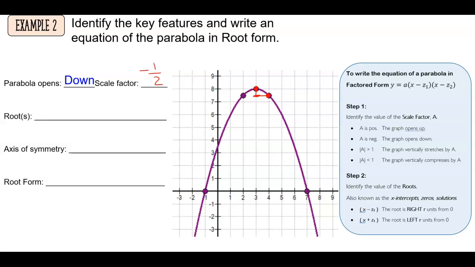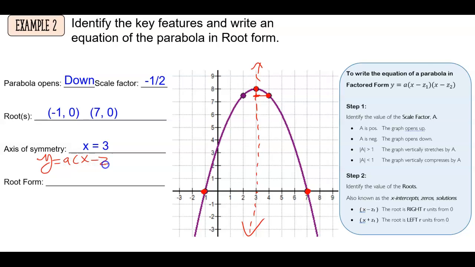What are my roots? What is this root over here? -1, 0. What about this other root over here? 7, 0. So I got 2 roots. I have a scale factor. So real quick, axis of symmetry, if I drew it down the middle through the vertex, it would be x equals what number? 3. X equals 3. And now again, root form, y equals a x minus z1 x minus z2.